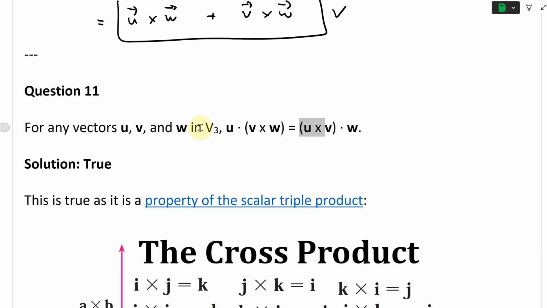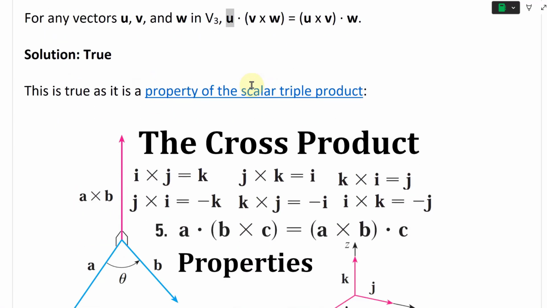So in other words, this is just the scalar triple product. Because a dot product with a vector and a cross product gives a vector, but then you dot product, you get a scalar. And they're basically saying that you could do the scalar triple product where you have the first vector dot with the cross product of the rest, or the cross product of the first two and then dot product with the other one. And in fact, this is true.